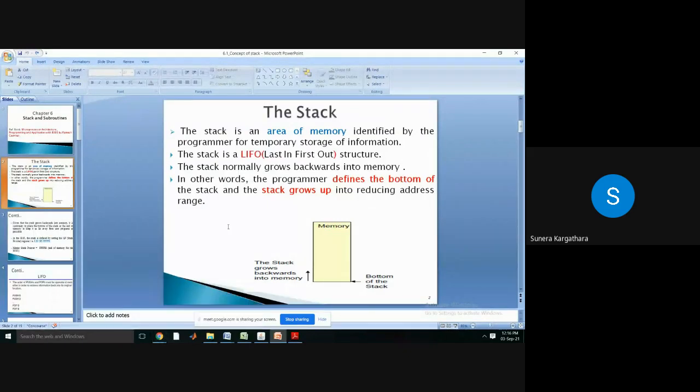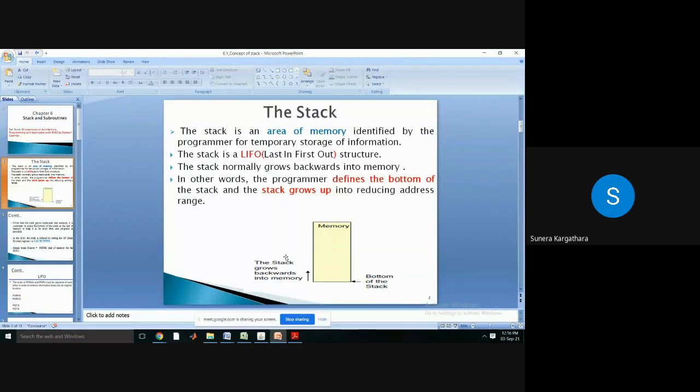For example, if I say my stack pointer is loaded with the address C000, matlab C000 will be the last address of my stack. Whatever data I want to store onto the stack or retrieve from the stack will be from C000 onwards, downwards.